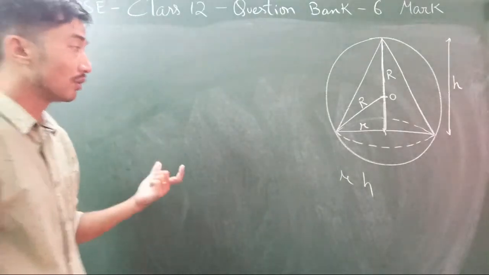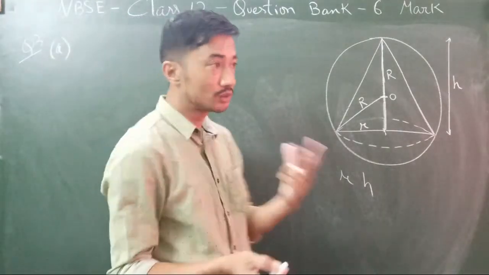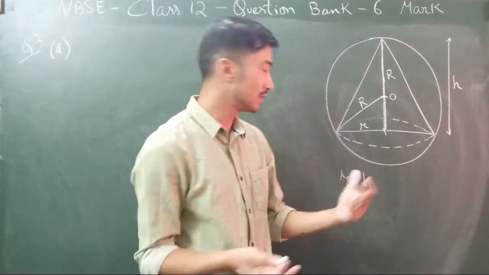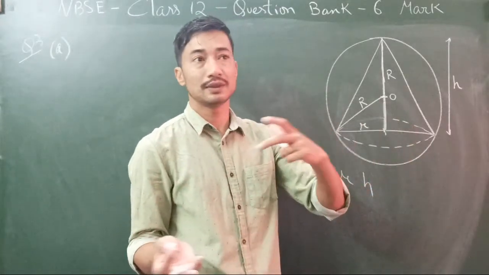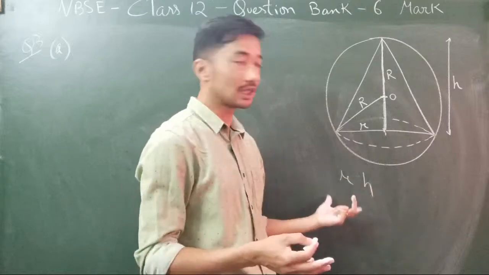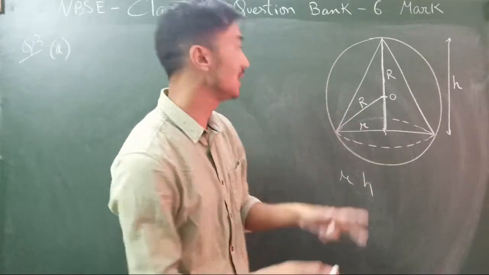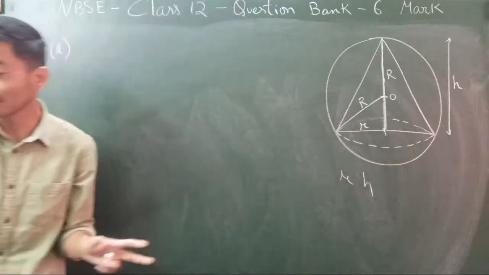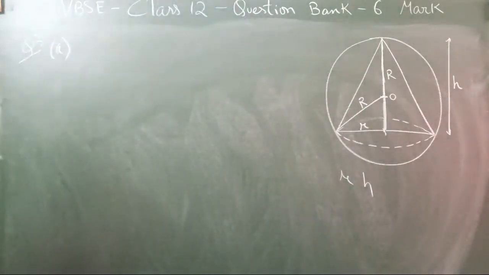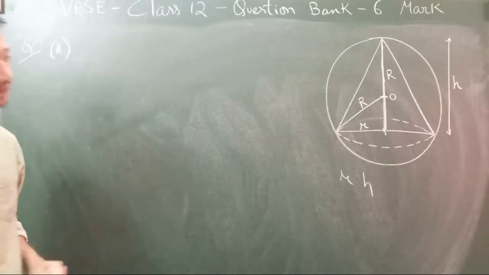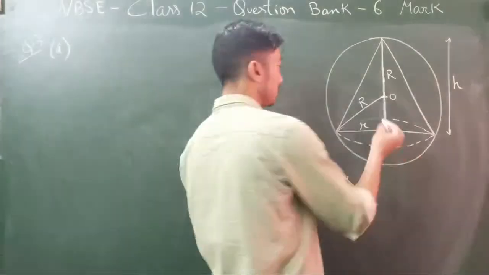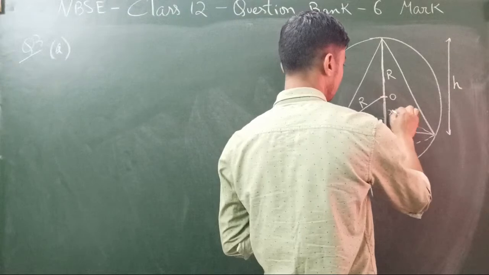So for volume of a cone, we will have two dimensions to sort out, that is radius and height. Now we will have to convert with respect to either one. So let's see which one would be more helpful for us. There are many ways in which we can do. Maybe I can just assume this as x.